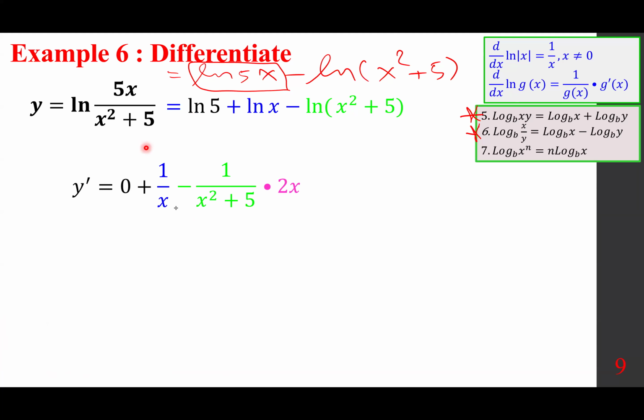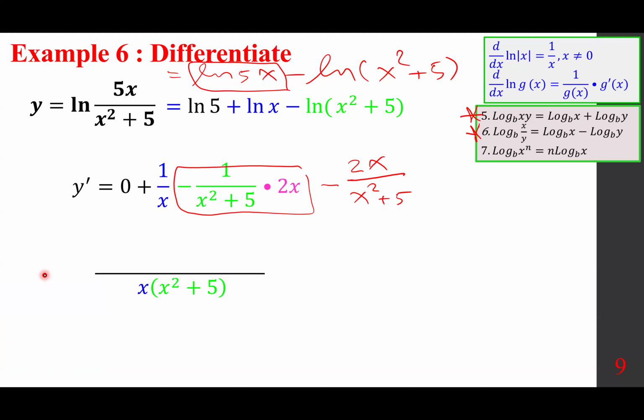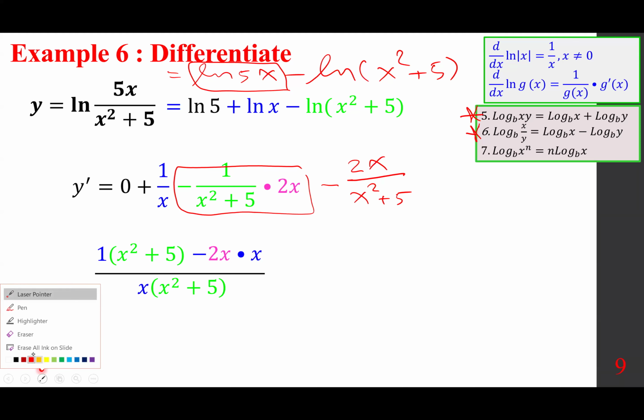Please understand, this is 1 over x. This is minus 2x over x squared plus 5, and x times x squared plus 5 is your common denominator. Therefore, 1 times x squared plus 5 minus 2x times x is the answer. And all we have to do is simplify the numerator as follows.